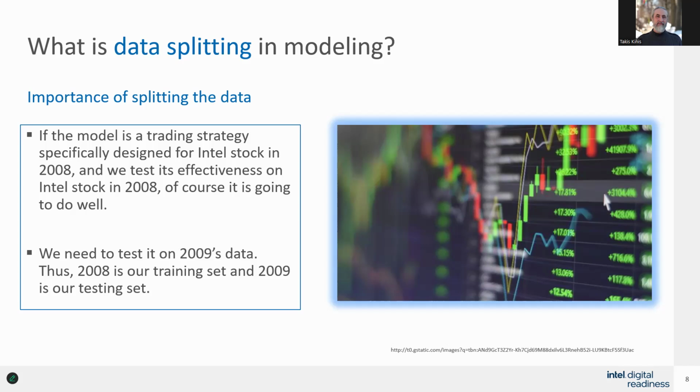They're using 2008 and 2009 here. So we would look at what actually happened in 2008 to train our model for what might happen in 2009. Therefore, 2008 becomes the training data, and 2009 is the data that tests the model that we built in 2008.